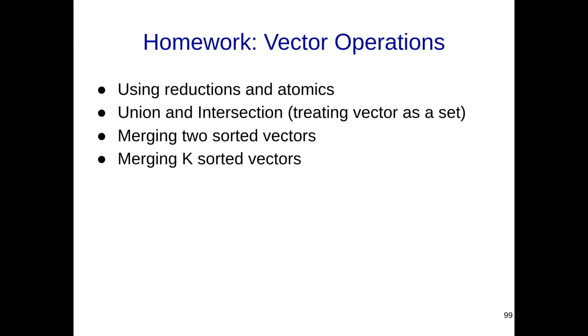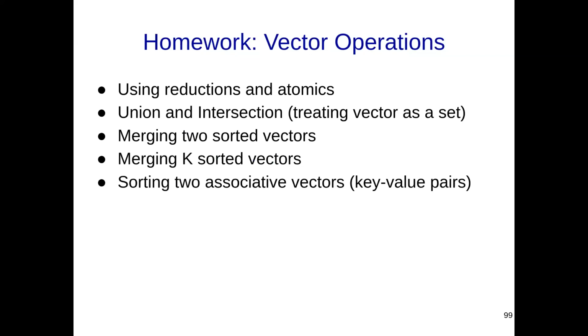And you can generalize it for merging k sorted vectors instead of two. And the next step will probably be making this k input dependent, meaning it's not known to the compiler what this k is. Can you still make sure that your code is working correctly? And then, using two arrays, two vectors as key-value pairs, can you sort these associative vectors?